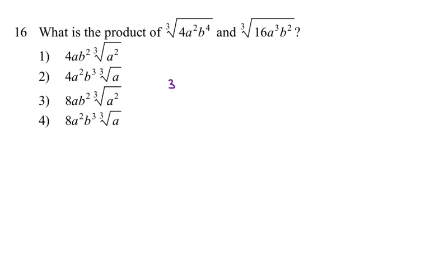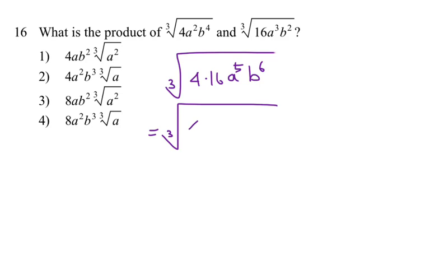Number 16. When we multiply these radicals, given that they have the same index of the radical, 3 and 3, it's best for us to multiply them first and then simplify. Then here we have 4 times 16, and a to the 5th power and b to the 6th power.